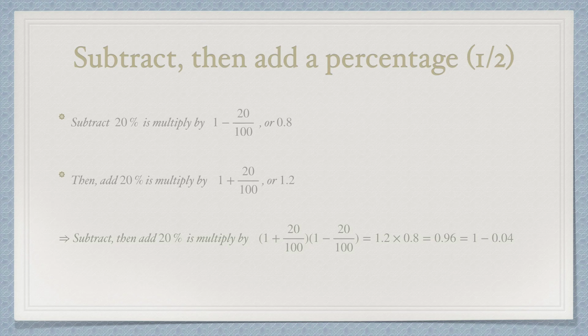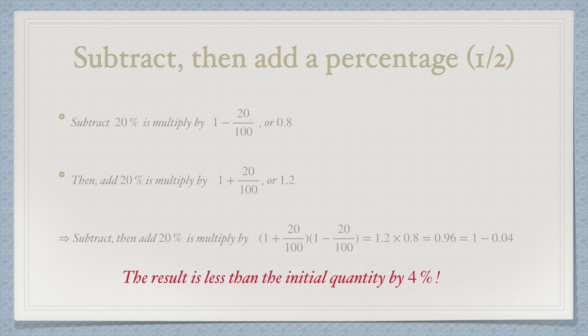So that if we subtract 20% and then add 20%, we multiply by 1 plus 20 over 100 multiplied by 1 minus 20 over 100, that is 1.2 multiplied by 0.8, or 0.96, that is 1 minus 0.04. The result is less than the initial quantity by 4%, like when we added and then subtracted. The result is the same.